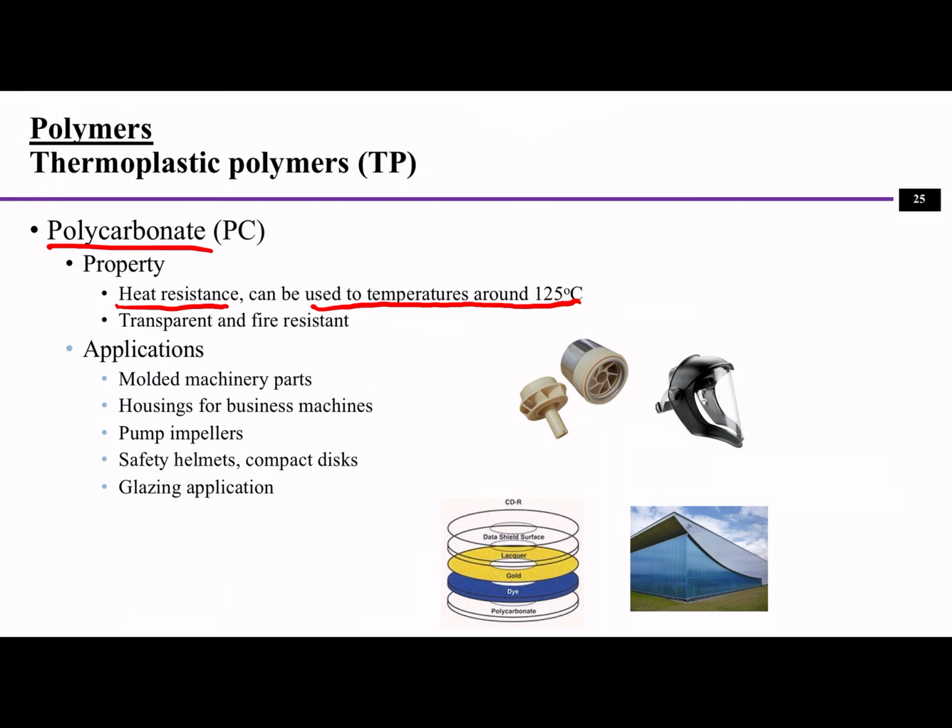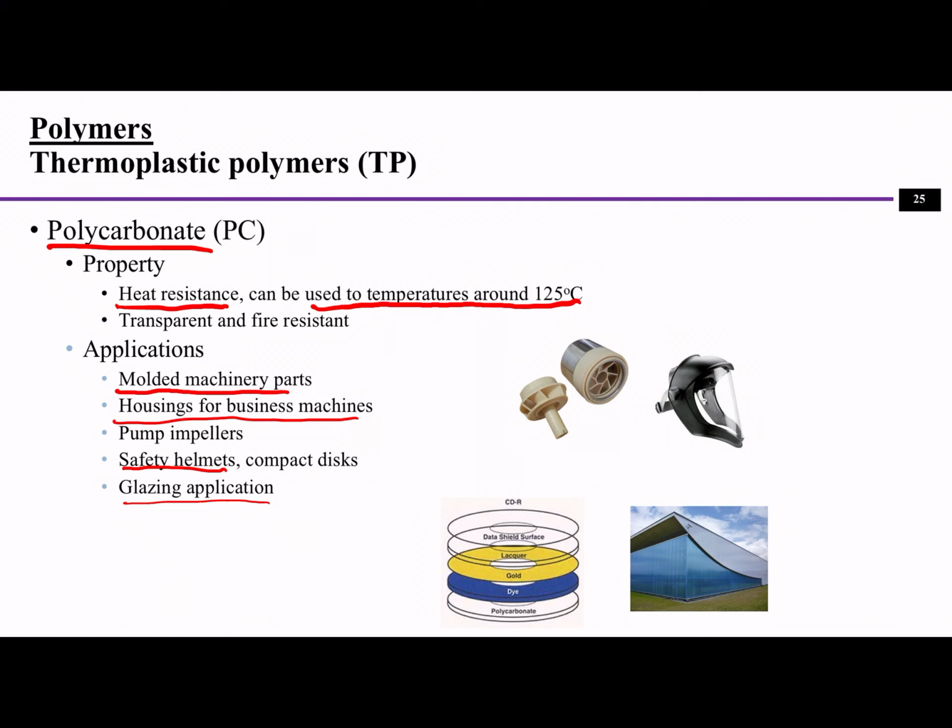So typical applications for polycarbonates are actually similar to acrylics, but you will have to consider if that part or product really needs high strength for operation, for example, helmets, right? Helmets, glazing applications, housings for business machines, and also molded parts.